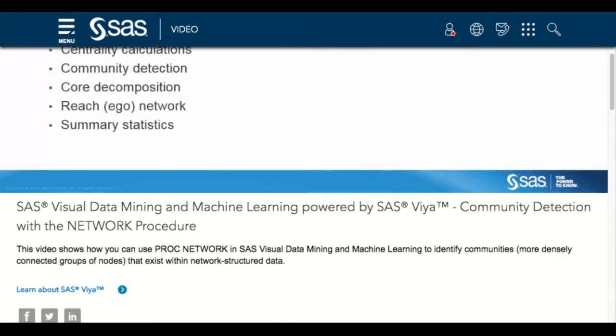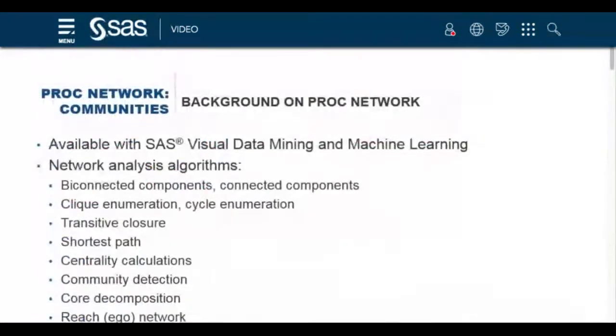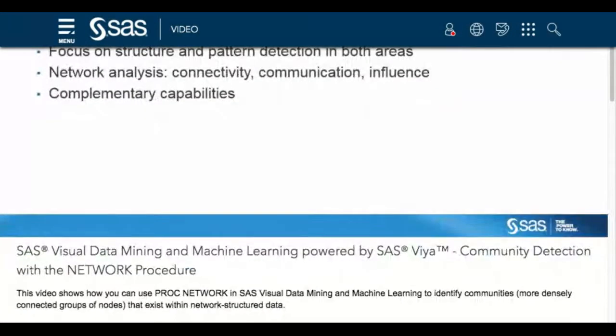Proc Network contains 11 different types of network analysis algorithms that enable you to explore various aspects of network structure, how nodes group together into cliques or communities, the relative importance or centrality of individual nodes, how many nodes can be reached from any given starting node, and so on. How does Proc Network relate to other capabilities in SAS visual data mining and machine learning?